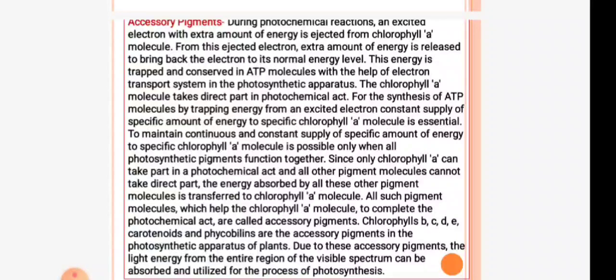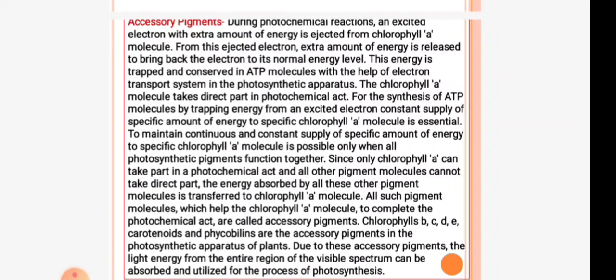For the synthesis of ATP molecules by trapping energy, a constant supply of a specific amount of energy to the specific chlorophyll A molecule is essential. To maintain a continuous constant supply of a specific amount of energy to the chlorophyll A molecule requires photosynthetic pigments.